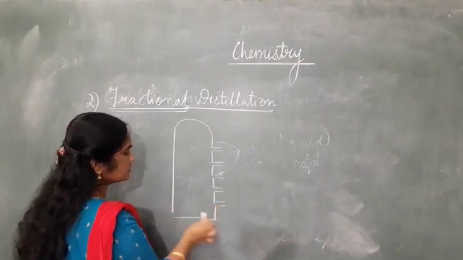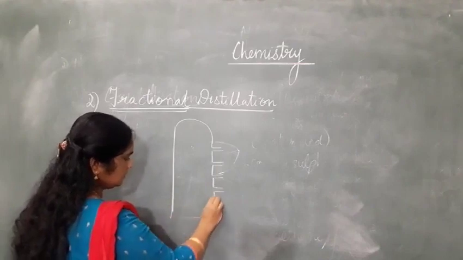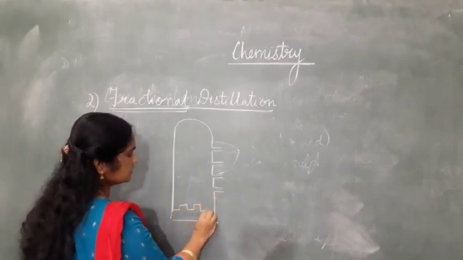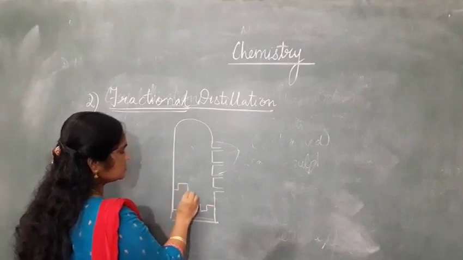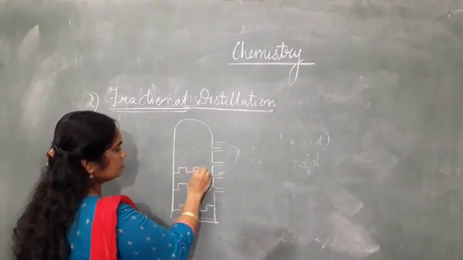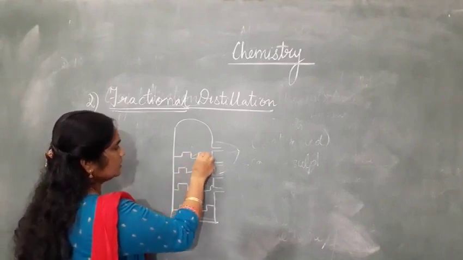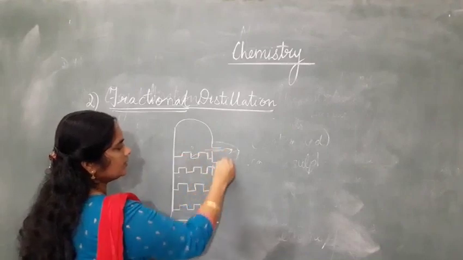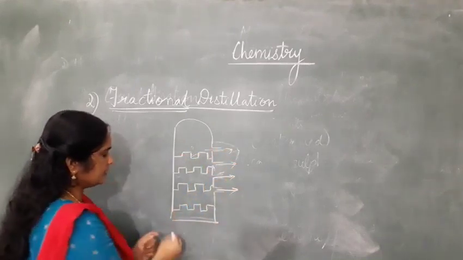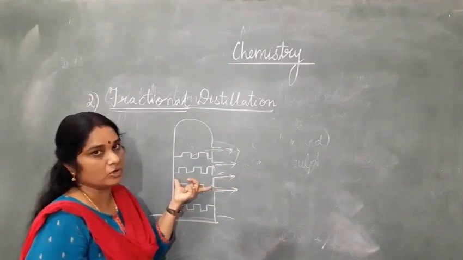When petroleum is heated, there are also many asbestos sheets placed. These are mainly placed for the vapors of different components, which rise slowly, are allowed to cool, and are taken out by this. So more than two components can be separated by this method. This is known as the fractionating distillation column.